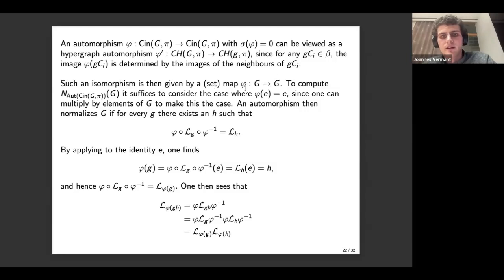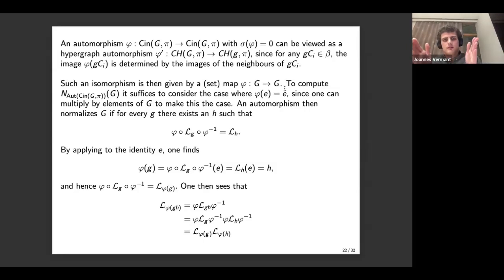And then there is a slightly standard argument which shows that an automorphism normalizes this action of G if it comes from a group automorphism. So we now show this. Or rather, if also phi of the identity is equal to the identity.